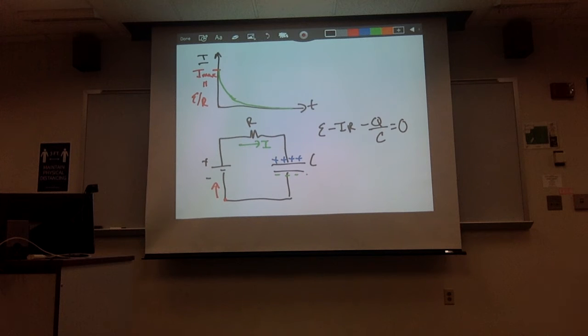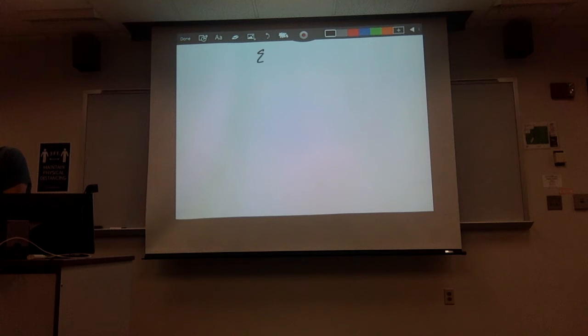Now, however, what we know is that current, by its definition, is equal to the change in charge divided by the change in time. Which means I can rewrite this as E minus R times dq/dt, or sorry, minus Q over C, is equal to 0.